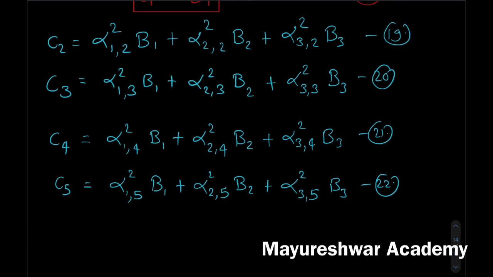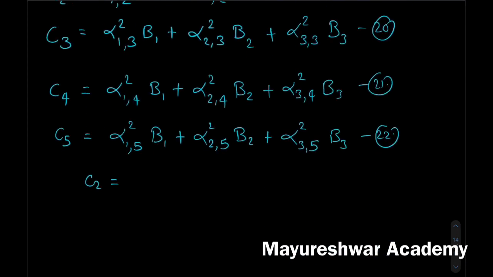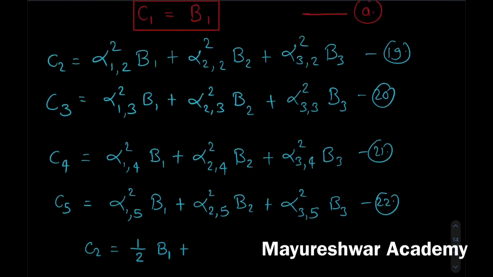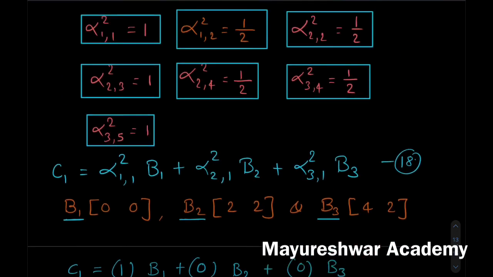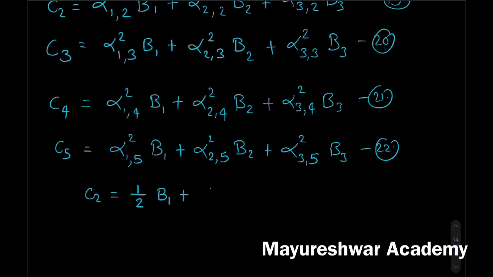C2 will be alpha 1 comma 2, which is half value, B1, plus alpha 2 comma 2, which is also half, B2, and this is 0 times B3. So that gives C2 is half B1 plus half B2.